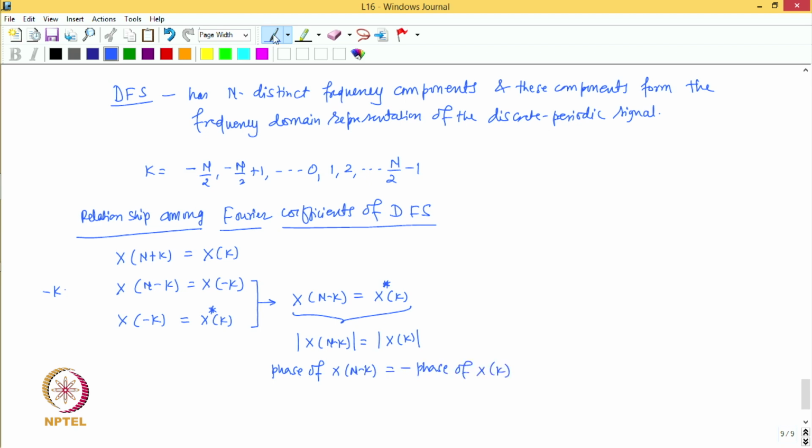Now, what is the consequence of this property? That the magnitude spectrum of DFS is symmetric, and the phase spectrum is asymmetric.